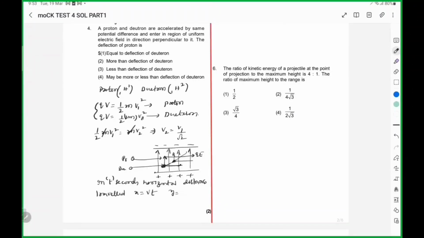In the same time, vertical distance is, because they are moving horizontally, initial vertical velocity is 0, so the vertical displacement is half a t square only. The deflection is based on vertical displacement. So here force on a charged particle is qE, which is equal to ma.